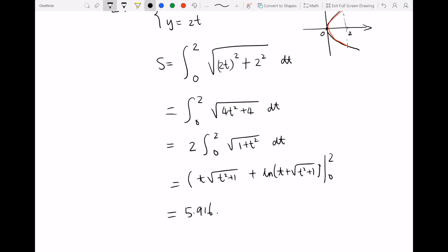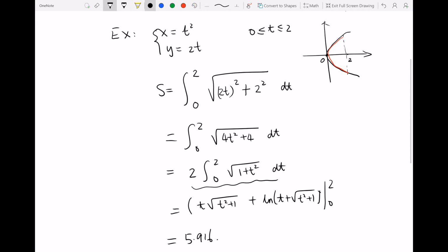Alright, so once you get to here, you don't have to worry about the result. If it is a simple function, you can use the formula, or you can use a calculator if it's not easy to find the antiderivative, right?